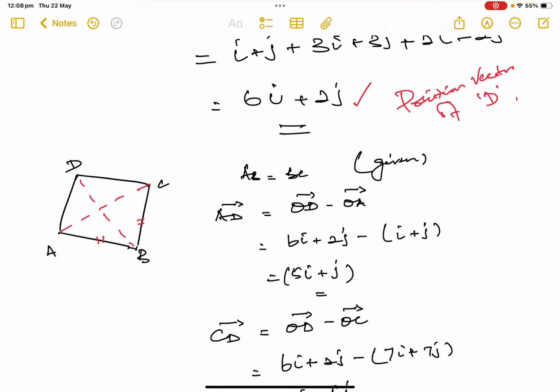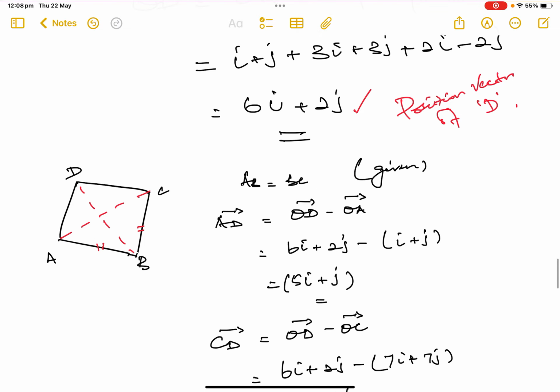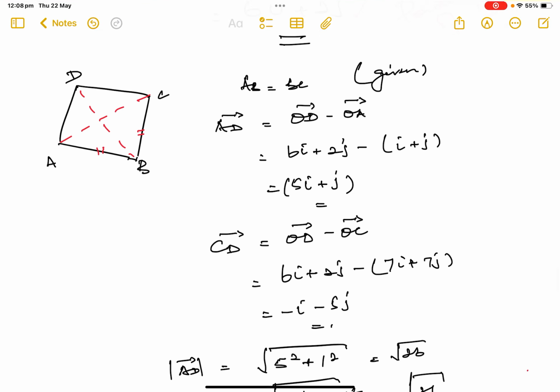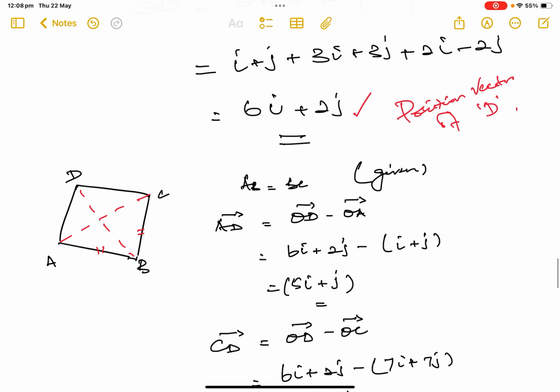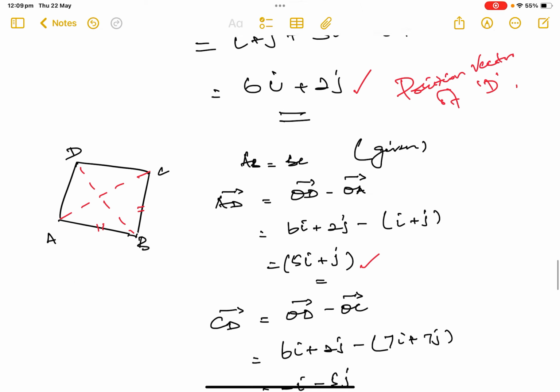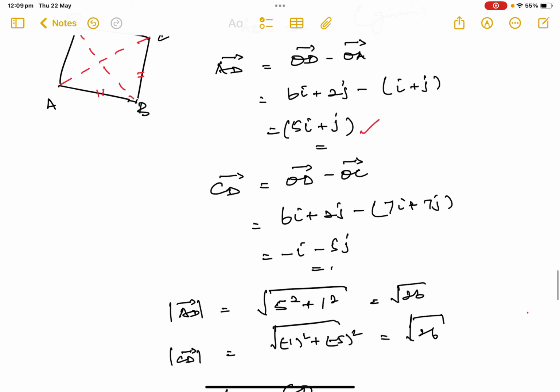OD we found is 6i plus 2j, and OA is i plus j. So 6 minus 1 is 5, and 2 minus 1 is 1. AD is 5i plus j. And CD is OD minus OC, with OC being 7i plus 7j, so 6 minus 7 is minus i, and 2 minus 7 is minus 5j.